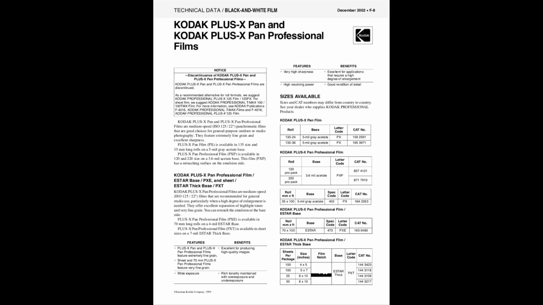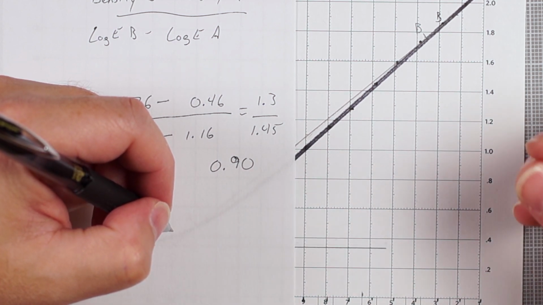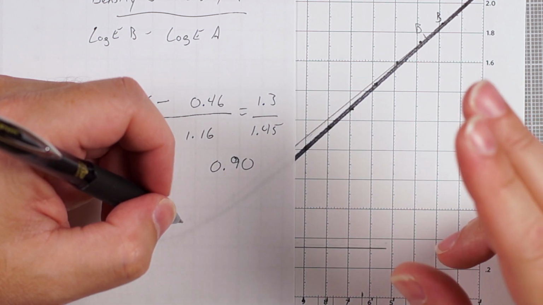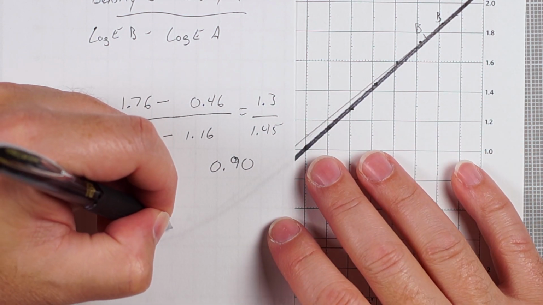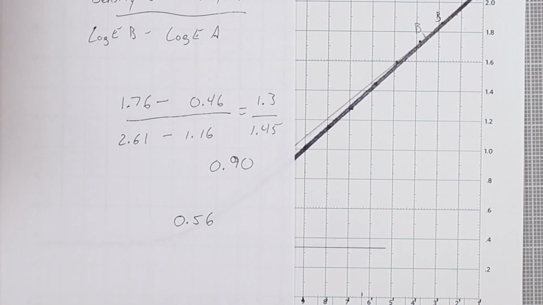I do, however, know what contrast index I should be: for a negative that prints well on a 2 filter on a diffusion enlarger, I should have a contrast index of 0.56. So 0.9 is clearly way too high.